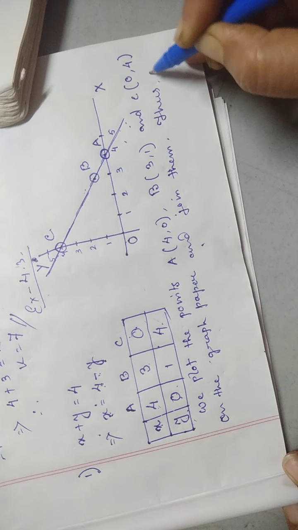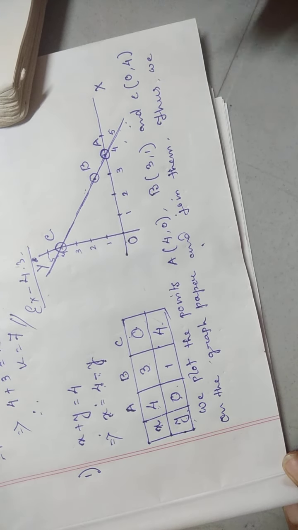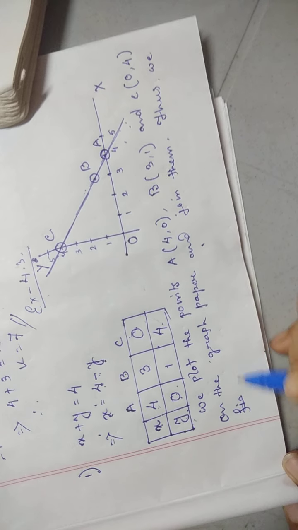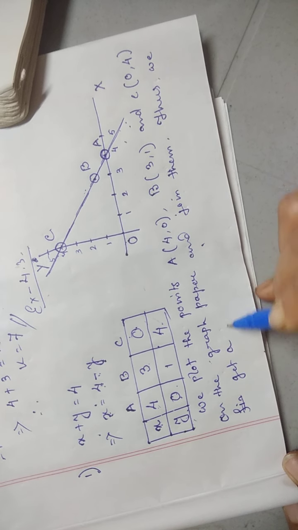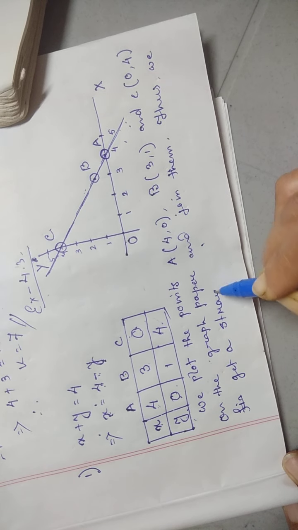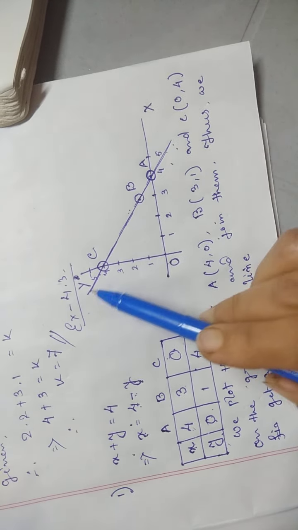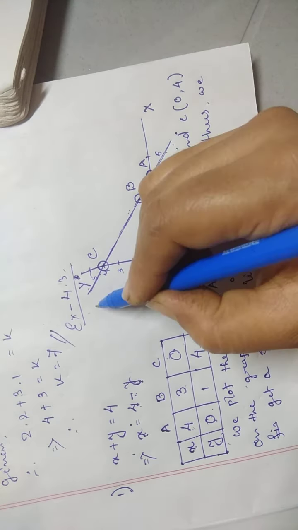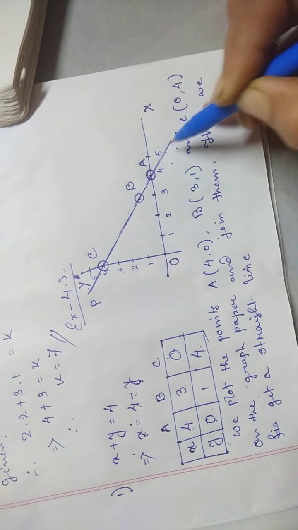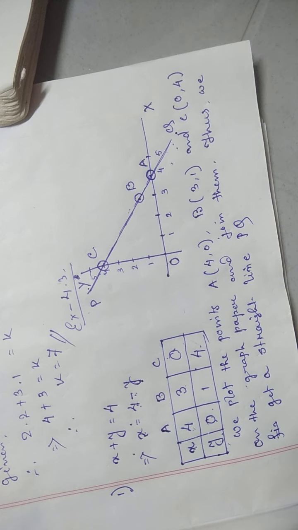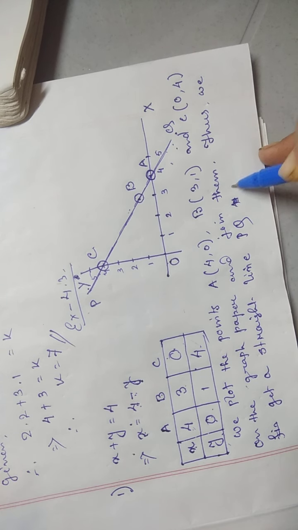Thus, we get a straight line. You can give any name to this straight line, say PQ.